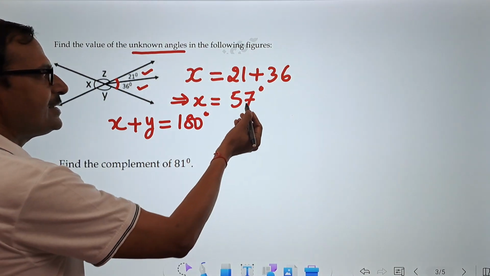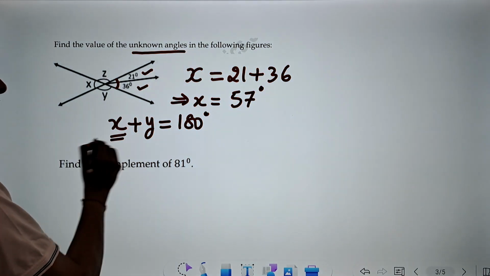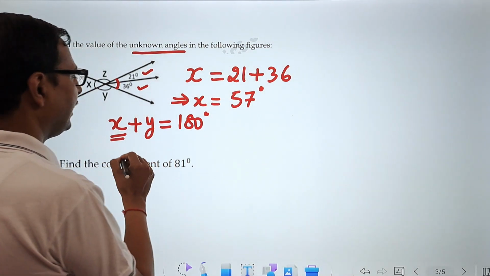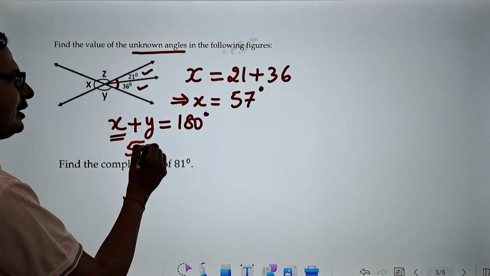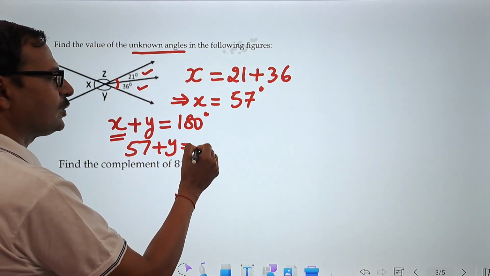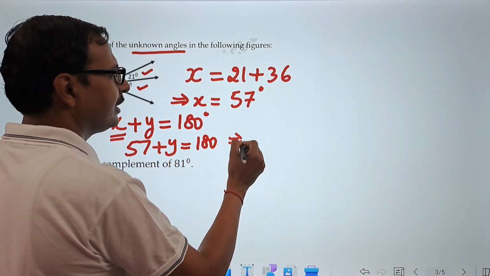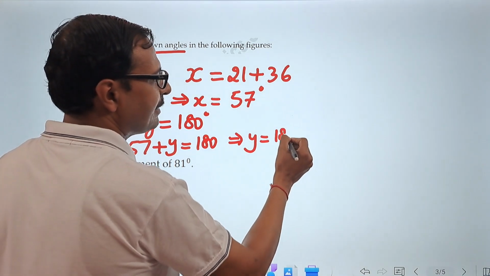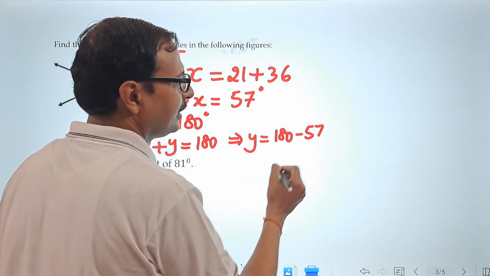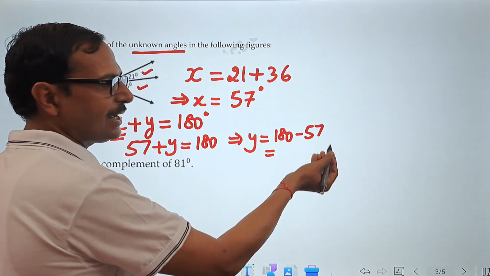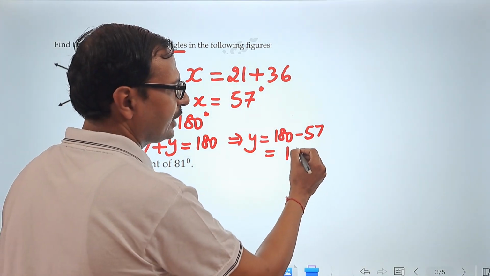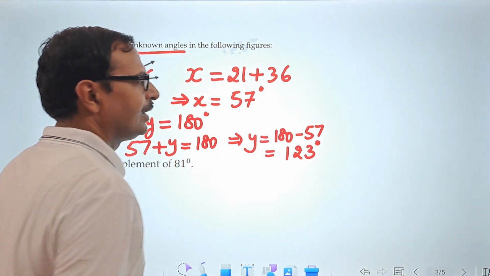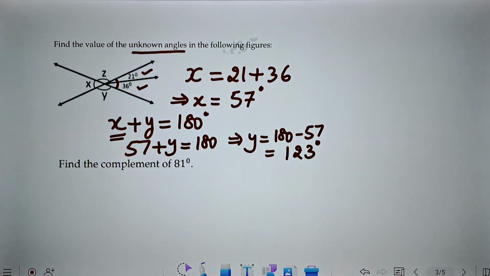Now we already know what is x. So we can plug in the value of x here and get the value of y. So 57 plus y is equal to 180, and therefore the value of y will be 180 minus 57, and you just have to subtract it to get the answer. This is 123 degree. So that is the value of y.